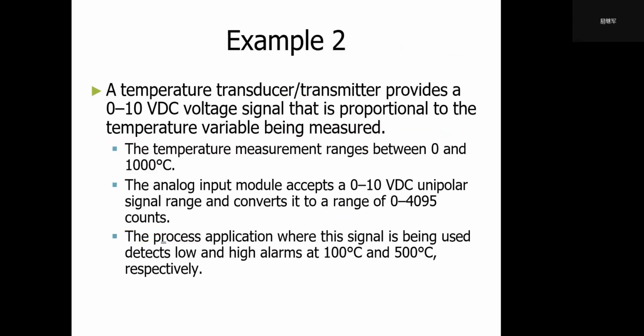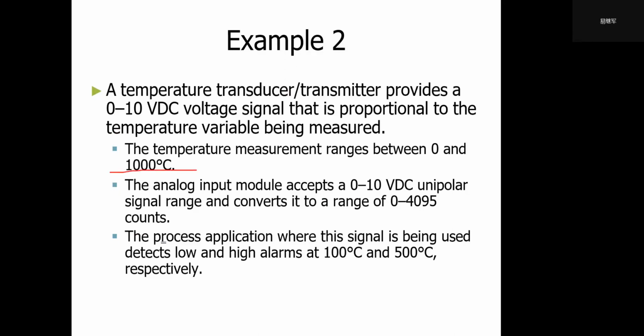This is another example. A temperature transducer transmitter provides a 0 to 10 V voltage signal that is proportional to the temperature variable being measured. The temperature measured ranges between 0 and 1000 centigrade.